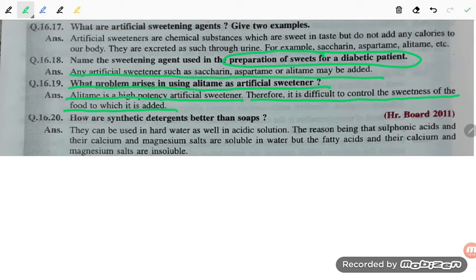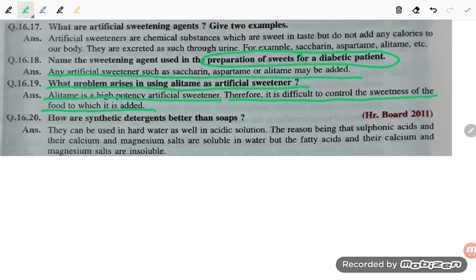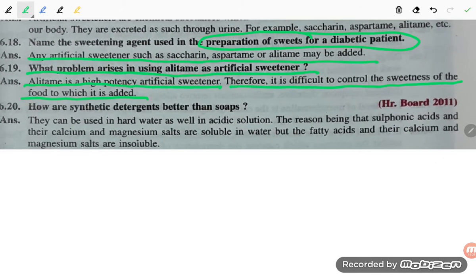Now, how are synthetic detergents better than soap? Synthetic detergents can clean in both hard and soft water. That is why synthetic detergents are better. Okay, they can be used in hard water as well as in acidic solution.